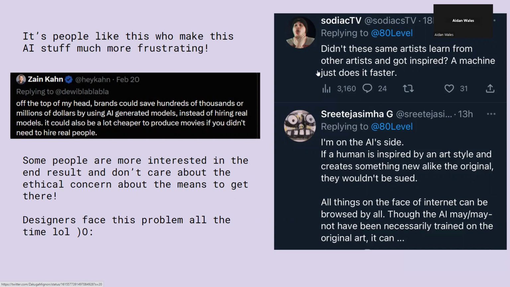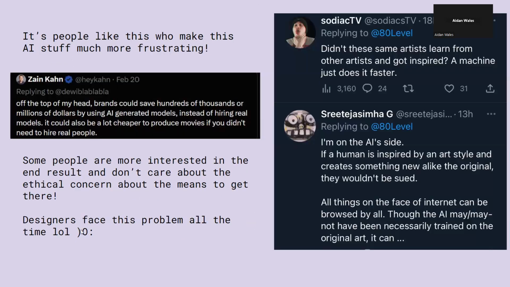I'm on the AI side, so people siding with something that doesn't have any feelings, emotions over their fellow human beings, I find that absolutely disgusting, and heck those people. Yeah, I shouldn't have to explain why this is awful.